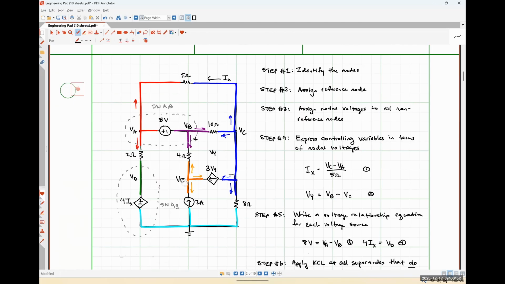So I have 5 nodal voltages to solve for, and then 2 controlling variables. So that's 5 plus 2 is 7. So 7 equations, 7 unknowns. I'm done. Okay. Now, there's no way I'm going to try to simplify this down to be able to put it in my calculator. So instead, I'm going to use MathCAD and use the solve block in order to handle all of this math for me.